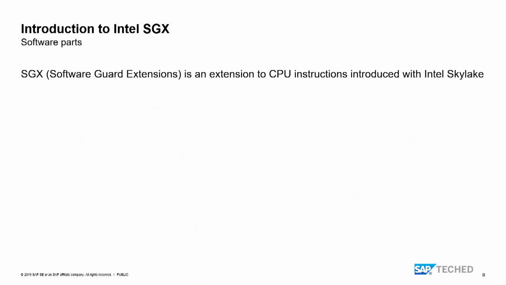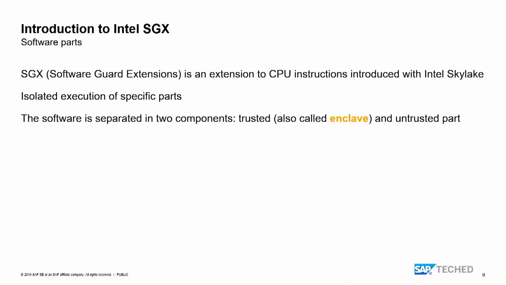So for all of you in the room, most of you have Intel CPUs, you have Intel SGX. You only don't know it. What is the idea of it? The idea is to execute isolated parts of a software. This means you can execute software in an untrusted environment, but it's still protected. And I will talk about how this is done in the next couple of slides.